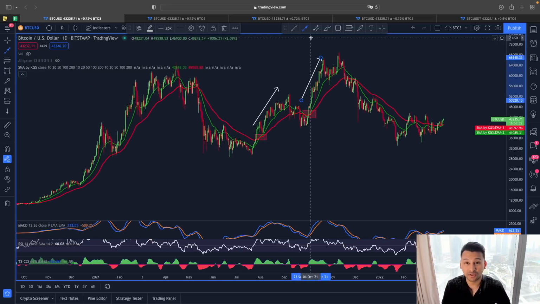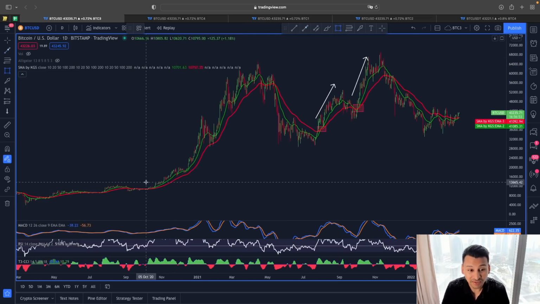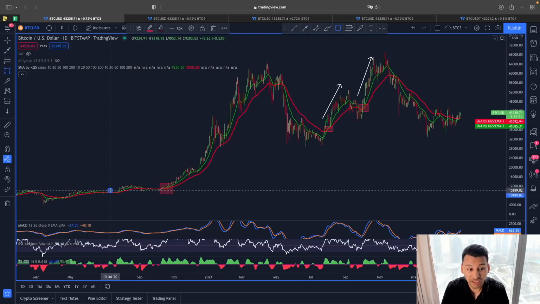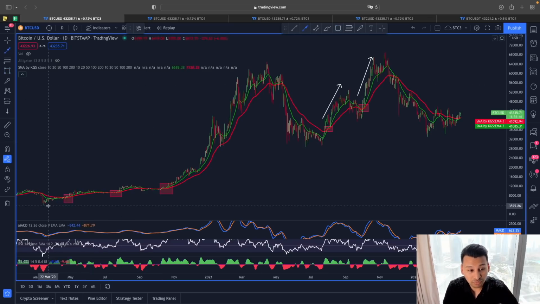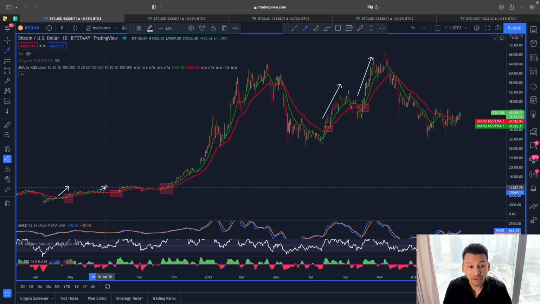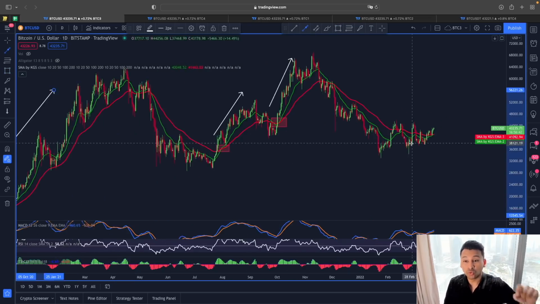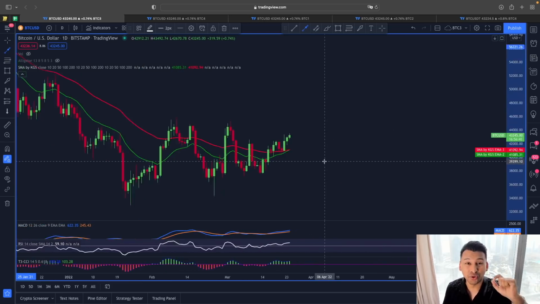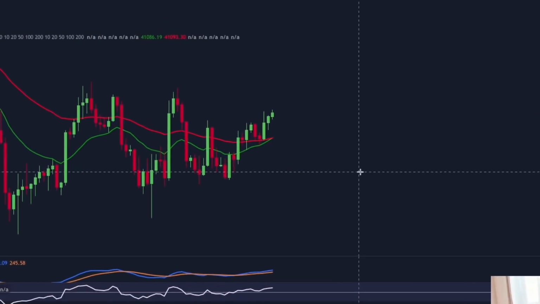Not just once, not just twice. You can see this crossover has happened plenty of times, and every time we have seen this, after that the price of Bitcoin has shown this impulsive price movement. So right now this exact crossover is also happening for Bitcoin.